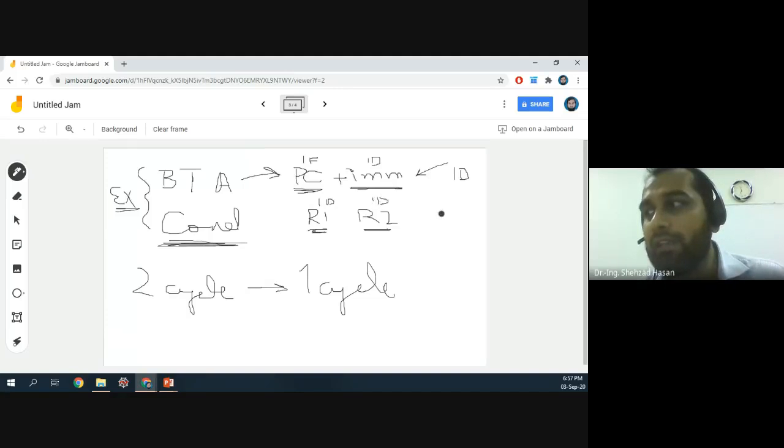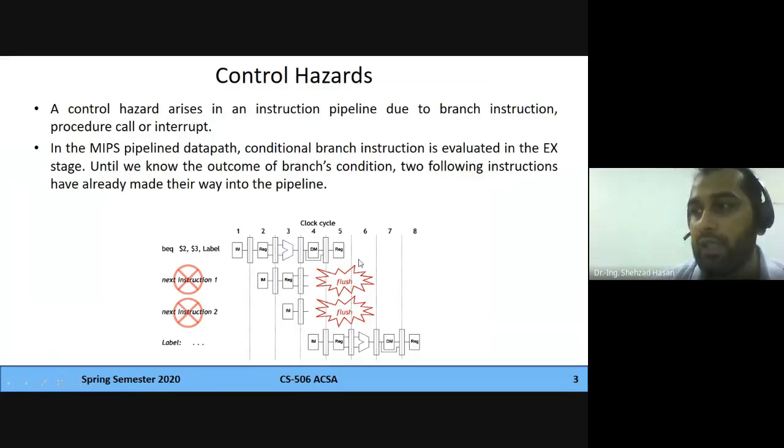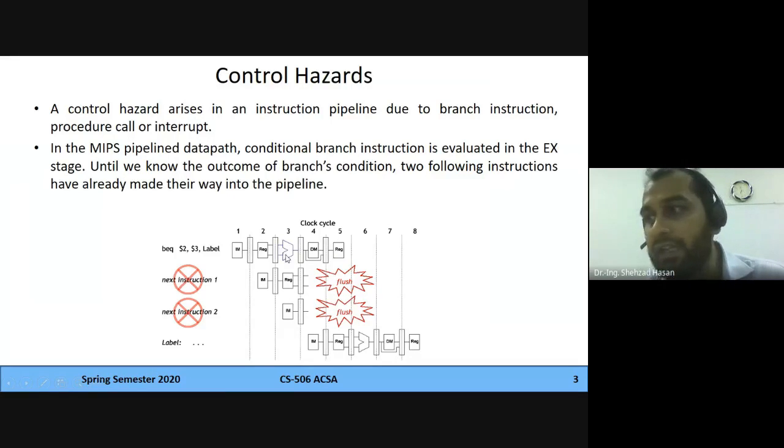Doing that in the decode stage means that instead of doing these two operations in the execution stage, we have moved them earlier in the pipeline. This is helpful because instead of doing these two things in the third cycle, we will be doing that in the second cycle. So we save one more cycle, because by the end of the second cycle we will have our BTA available, and we will also have our condition evaluated to know whether we are going to jump or not.